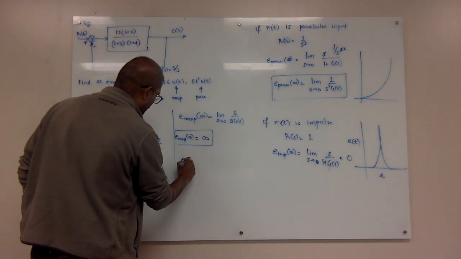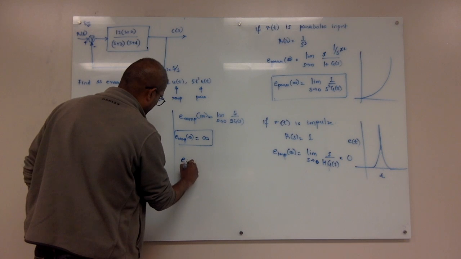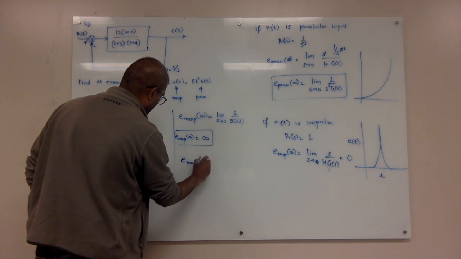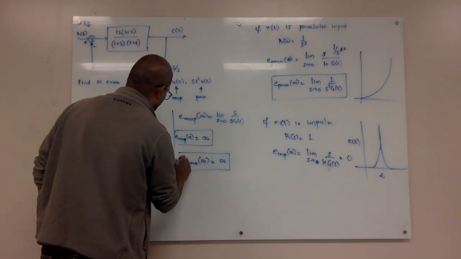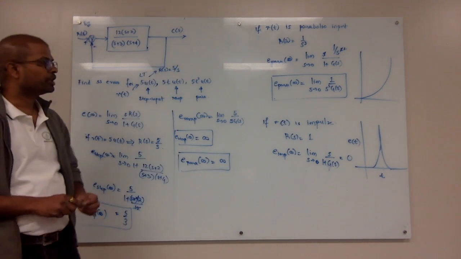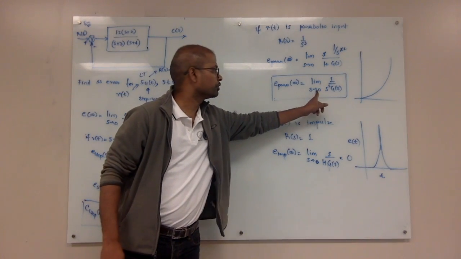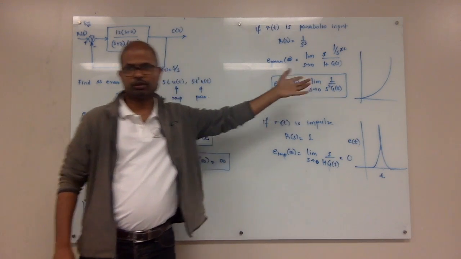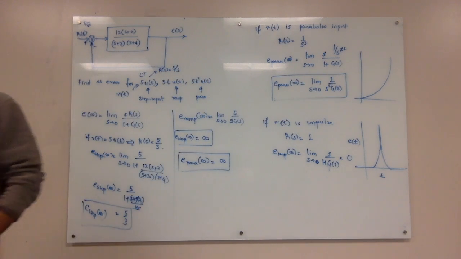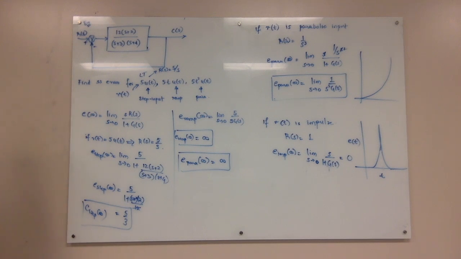And similarly, E parabola is also equal to infinity, because again G of S is 2 when you substitute S equal to 0. 2 times 0 is 0, and something over 0 is infinity.